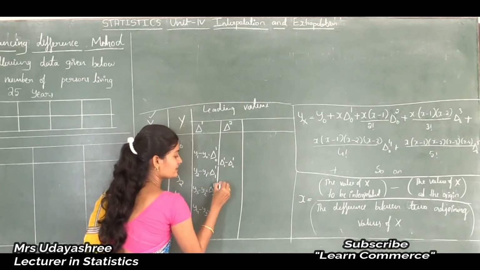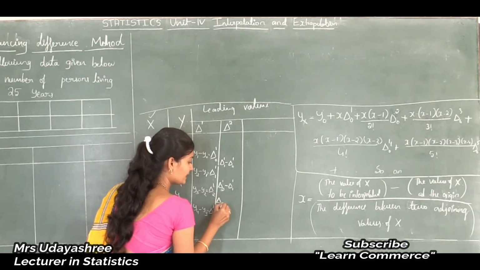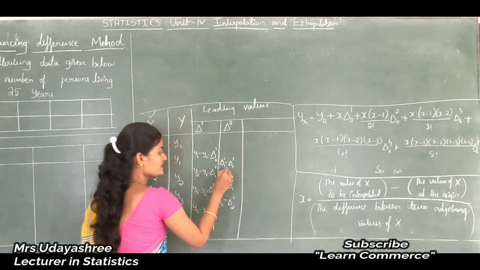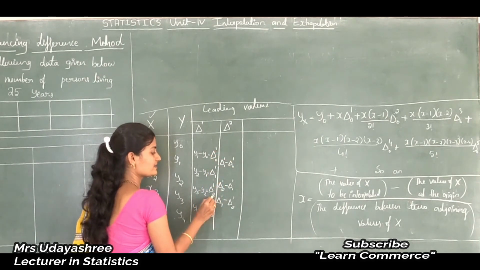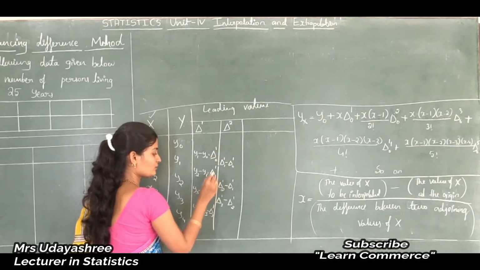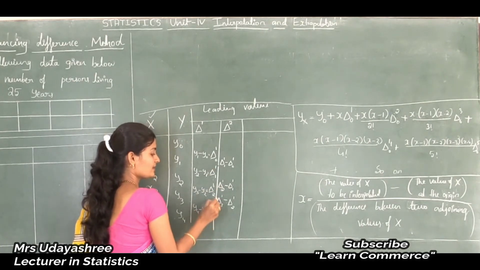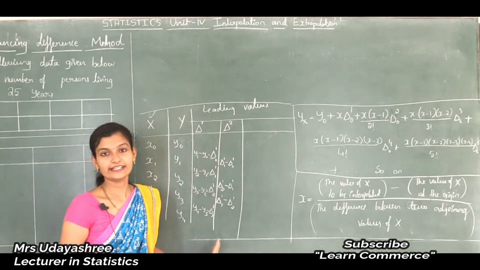Like that, here it is delta 2 1 minus delta 1 1, and here it is delta 3 1 minus delta 2 1. So these are the second leading difference values.